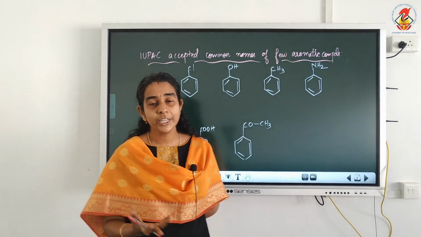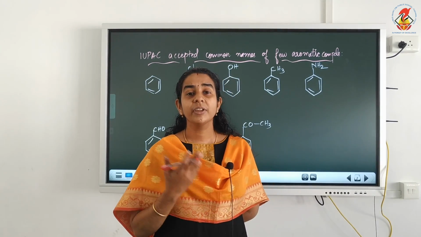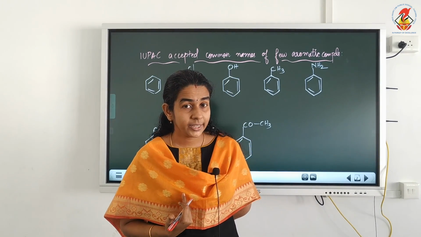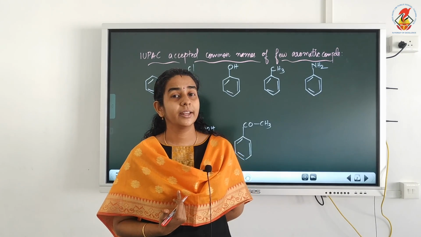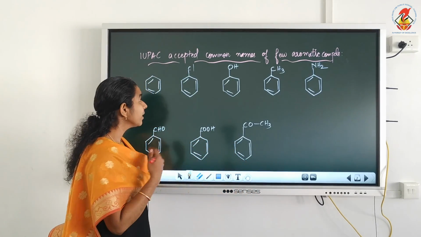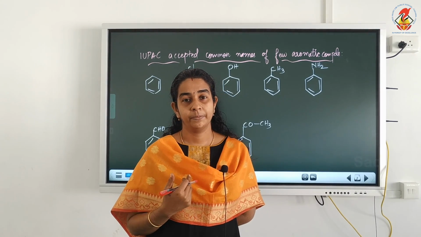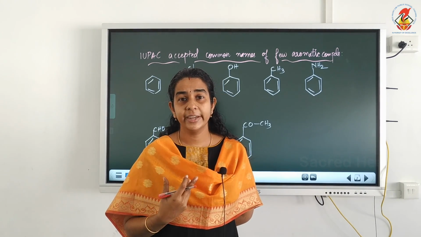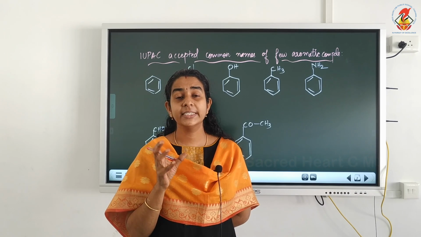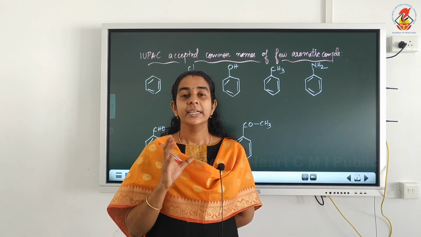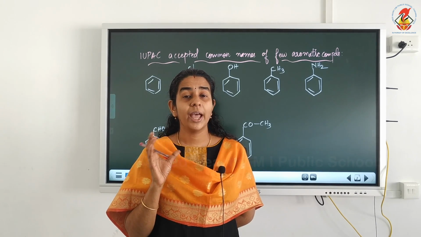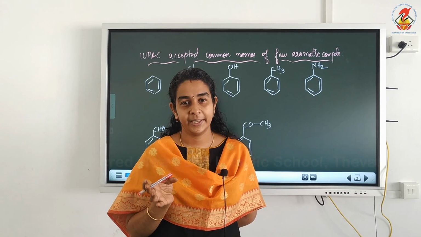But what are the additional things that we have to remember when we do the naming of an aromatic compound, or a compound containing a benzene ring? Now, before we go to the IUPAC naming, we have to study certain common names which are accepted by IUPAC.